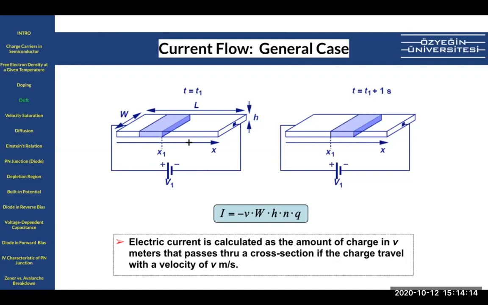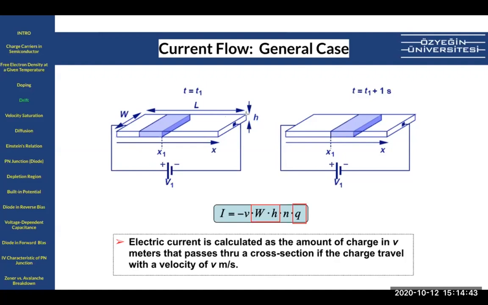When we calculate the current, we have to look at the cross section because charge is defined in terms of density. The definition of charge is Q, and it is in density. So we have to find the cross section, which is W times H, where W is the width and H is the height.